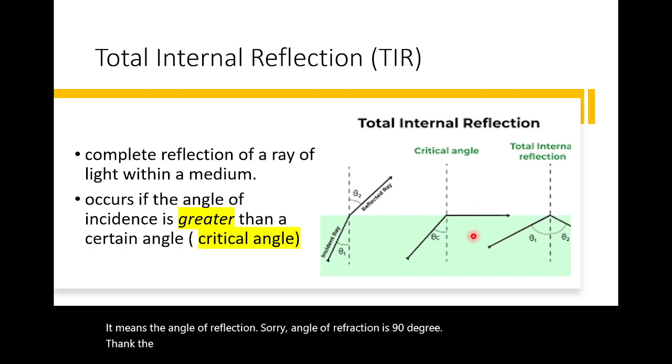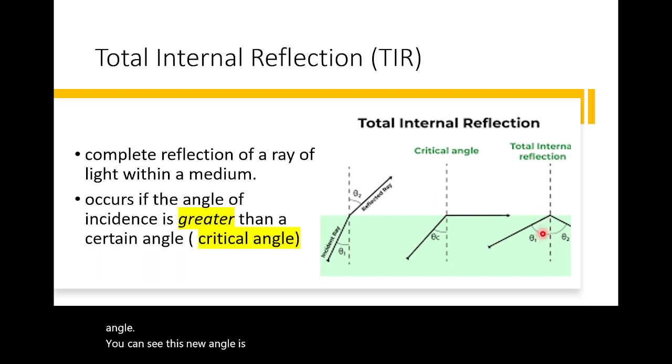Think of the situation when you increase this angle of incidence to more than the critical angle. You can see this new angle is more than the critical angle. Wow, this time the ray doesn't refract, it comes back to the same medium. This is called reflection.